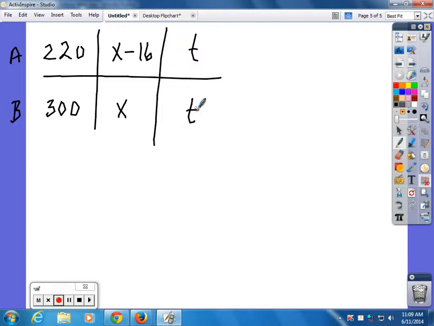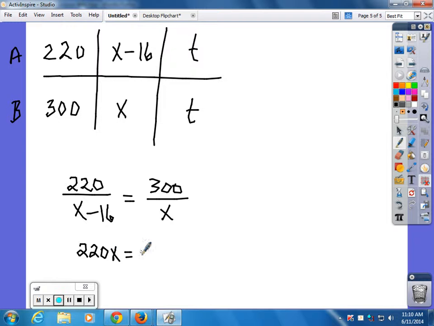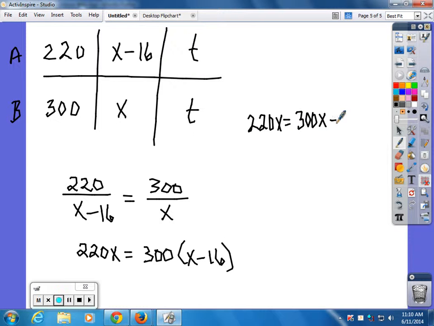So we have distance equals rate times time, so time is equal to distance over rate, so that's 220 over x minus 16 is equal to 300 over x. Multiply through by x times x minus 16, and you get 220x is equal to 300 times x minus 16. And that's going to be 220x is equal to 300x minus 4,800.